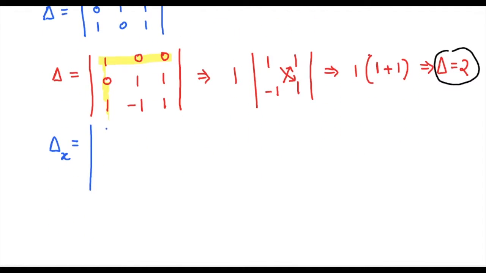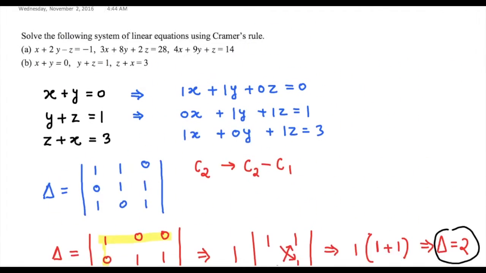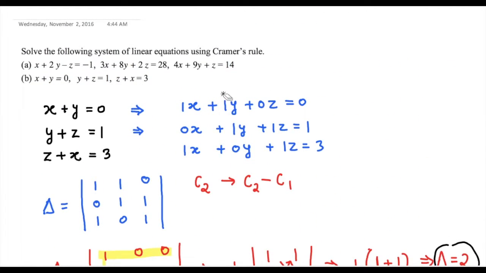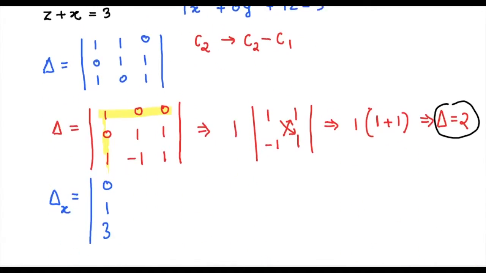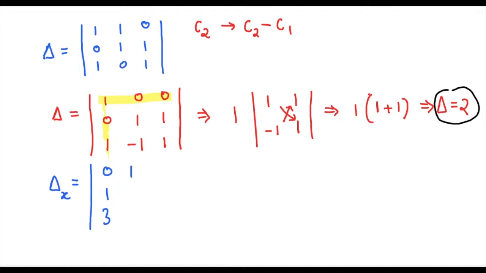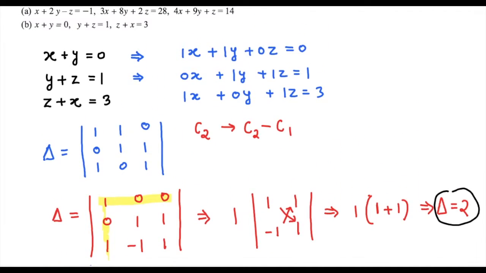In place of the coefficients of y and z, there will be no change. There will be 1 1 0 and 0 1 1.